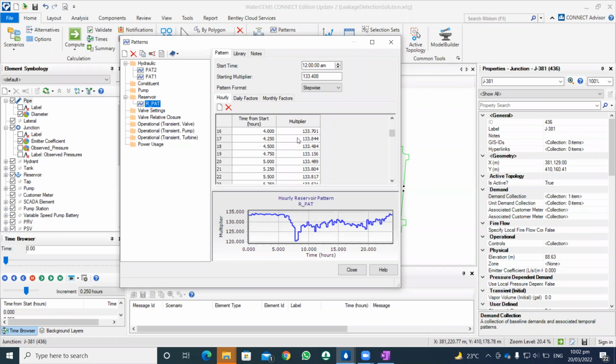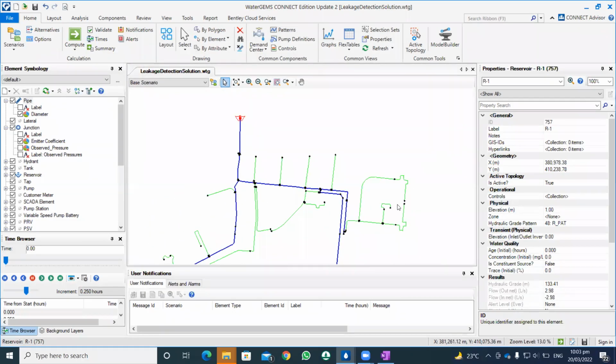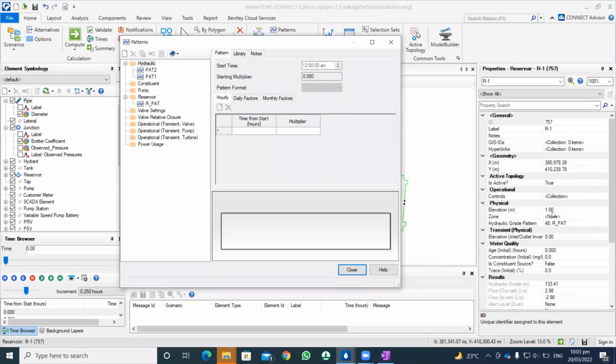You can also define that multiplier for a reservoir, so I want to show you that as well. Here, the value of 1 meter has been assigned to the reservoir. The 1 meter means that the water is available at the height of 1 meter. It is basically showing the level of water. The pattern has also been assigned to that reservoir.